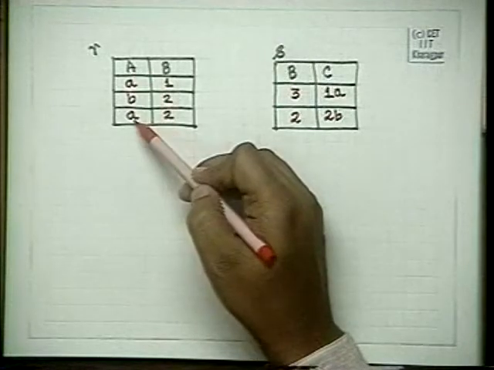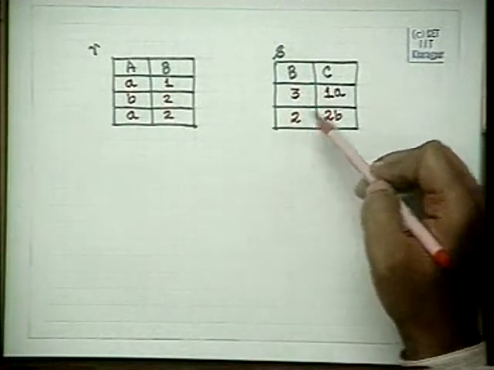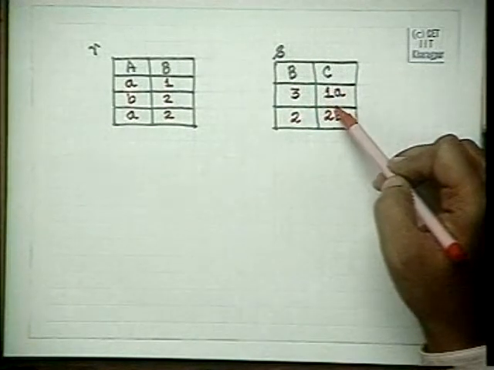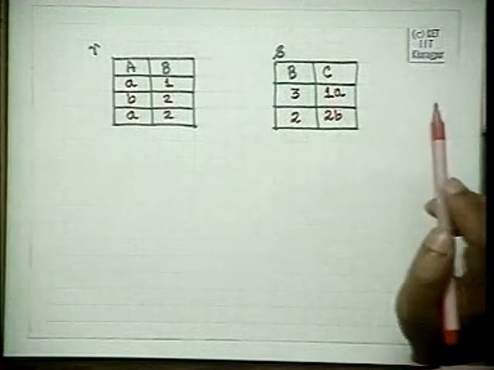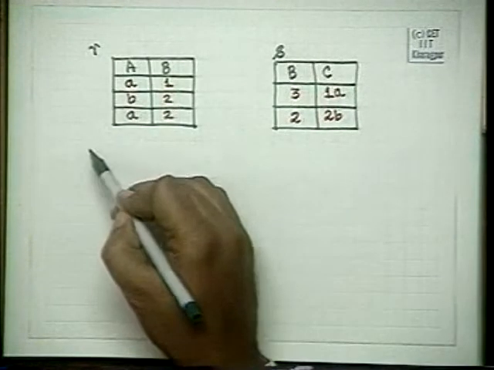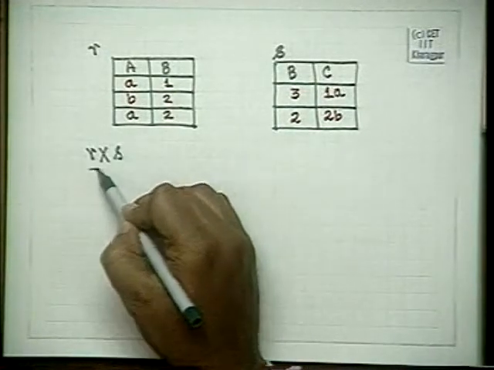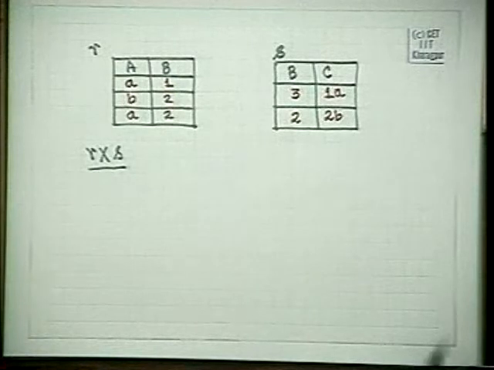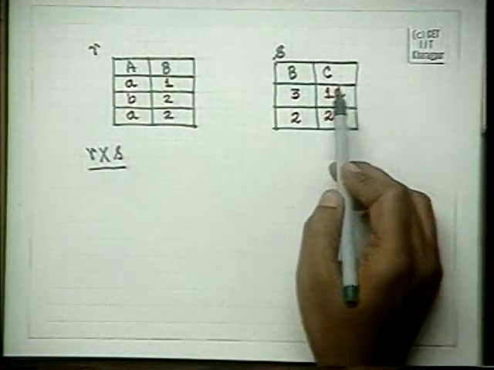Suppose this takes one character, this takes one integer, so this also takes one integer, and this takes a string which is a combination of an integer and a character, so it's an alphanumeric string. Firstly, R cross S will have 4 attributes, 4 attributes, not 3 attributes.